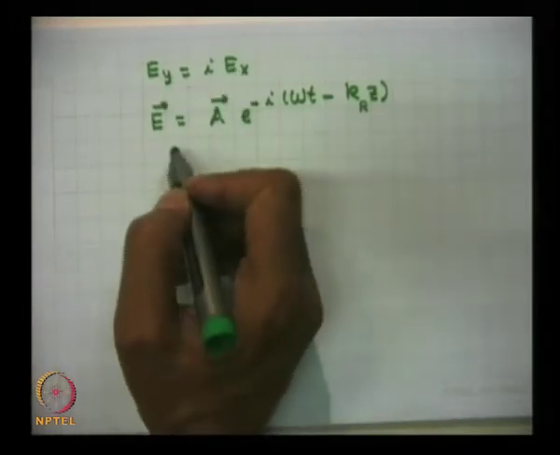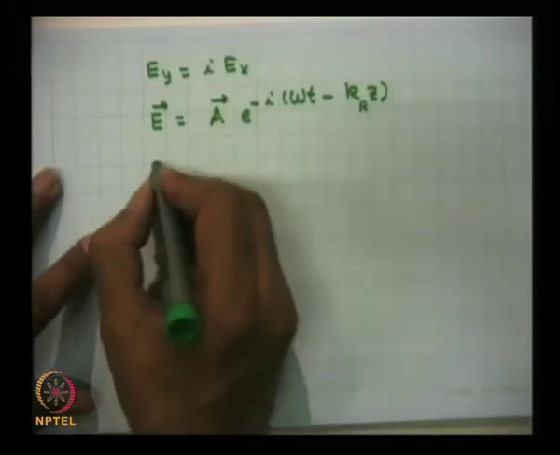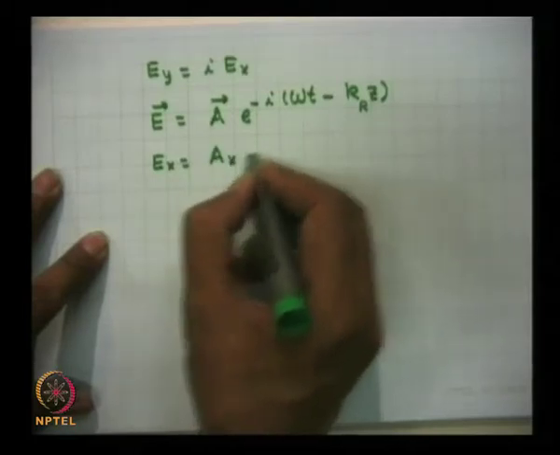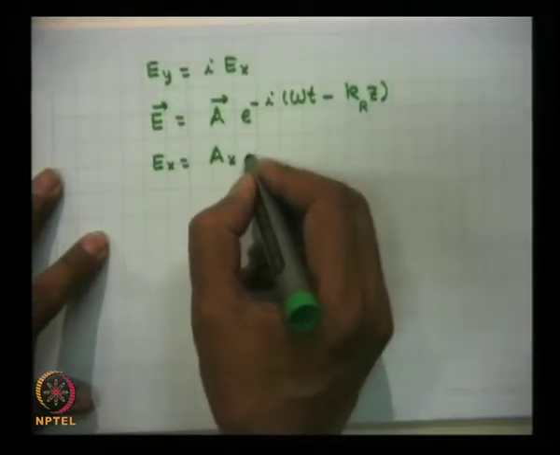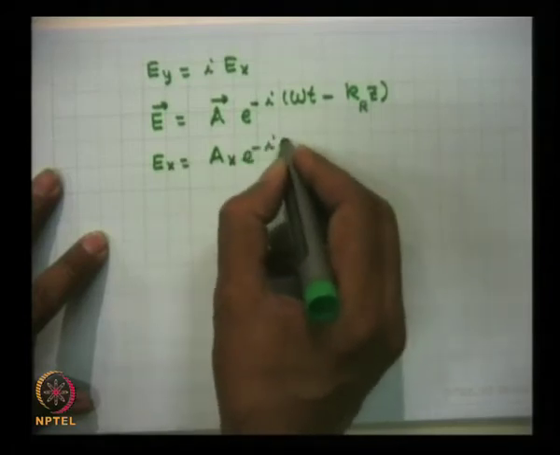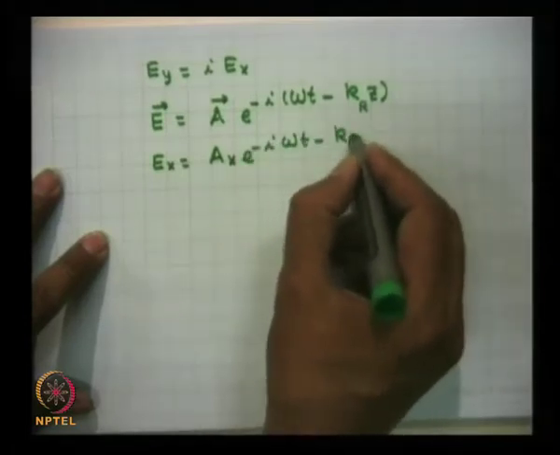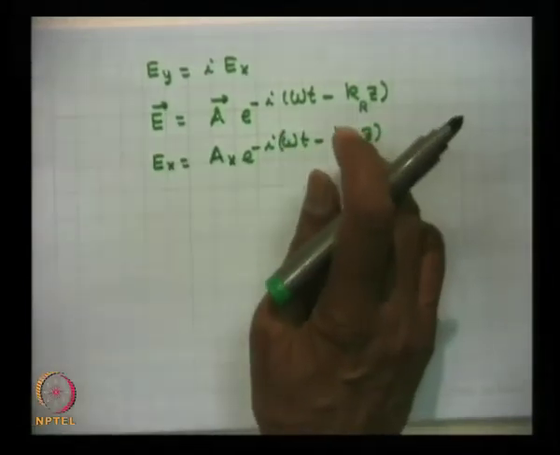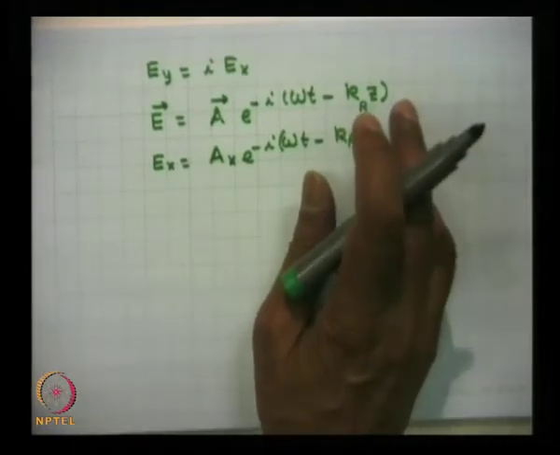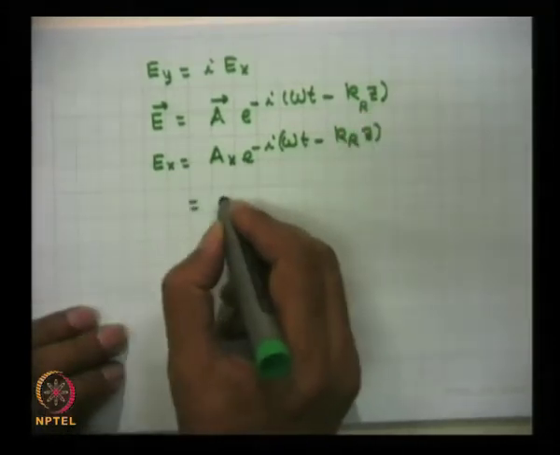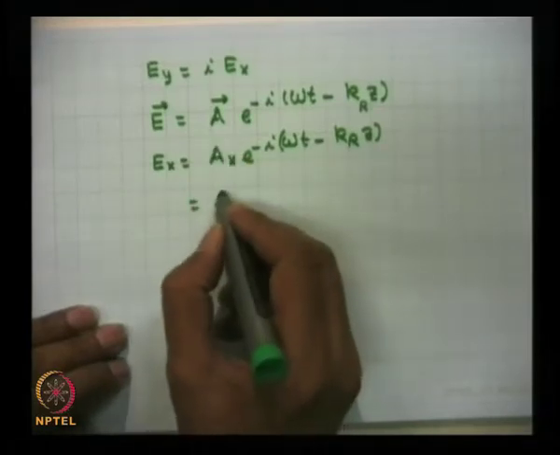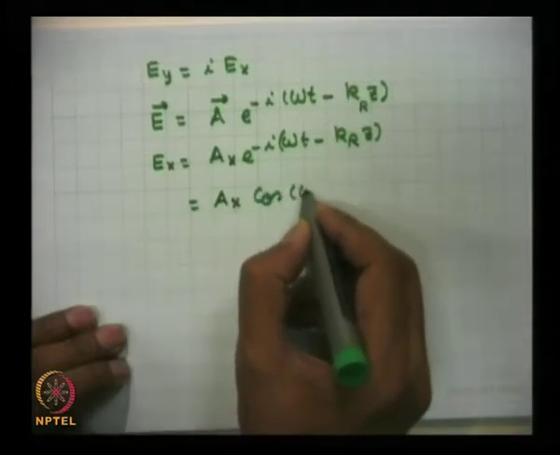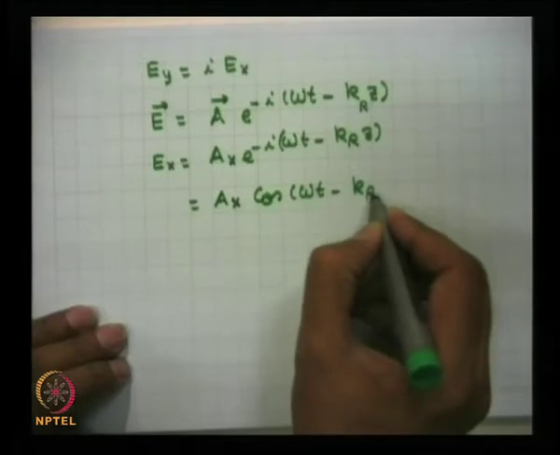Ey is equal to iEx implies that if I choose Ex is equal to, suppose, Ax exponential of this quantity, and if I count kr to be real, suppose there are no collisions and kr is real, and Ax is real too, then this is simply Ax cos omega t minus krz.